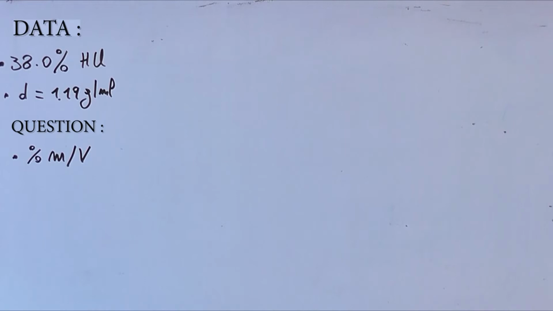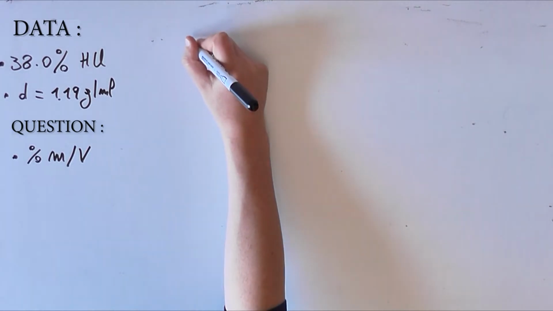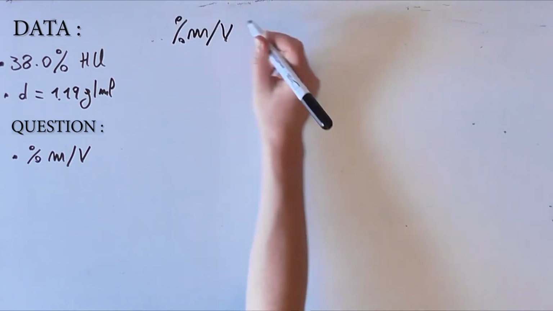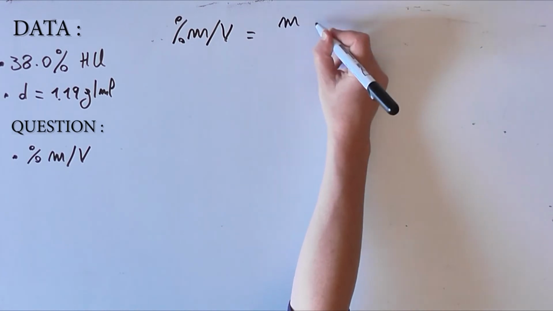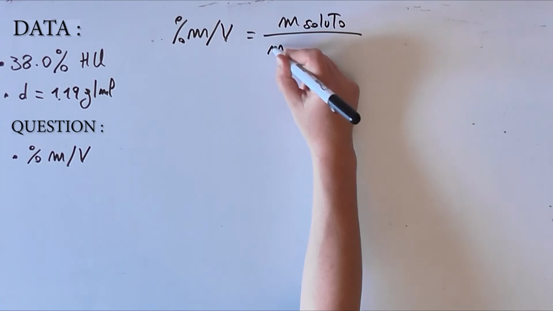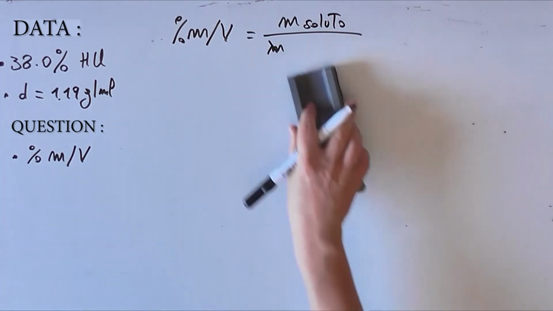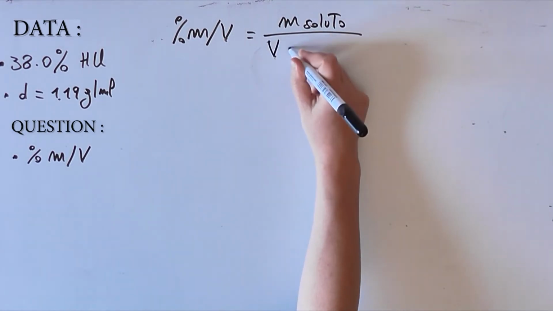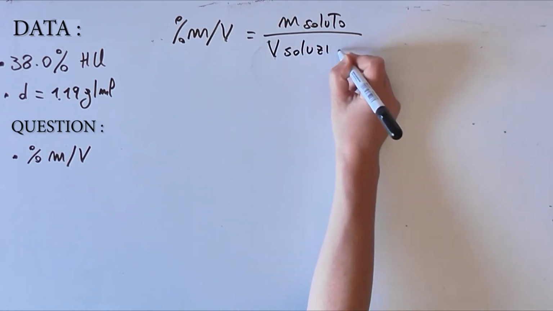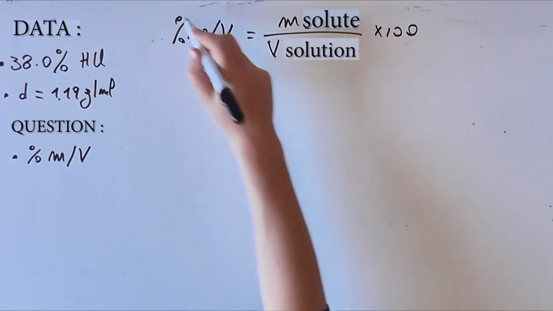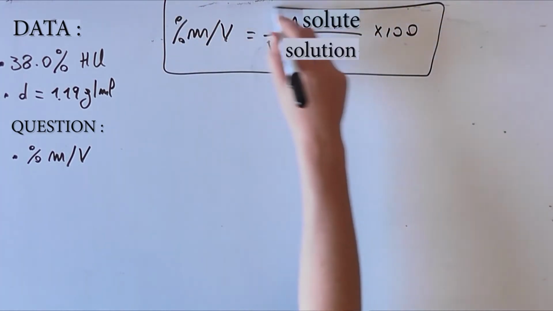So how to solve this problem? As usual, let's write the definition of mass volume percentage. It's the mass of solute divided by the volume, not the mass, of solution, times 100, of course.